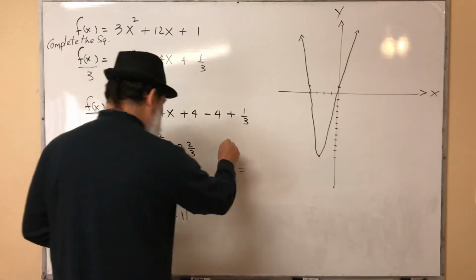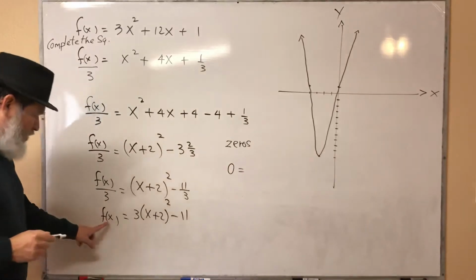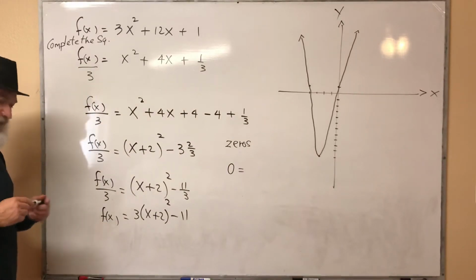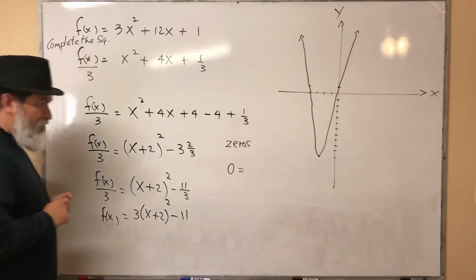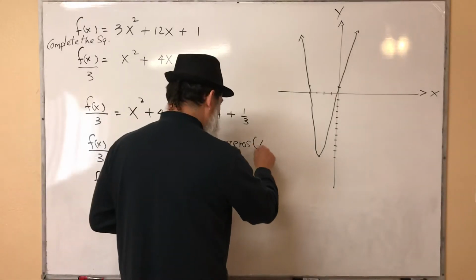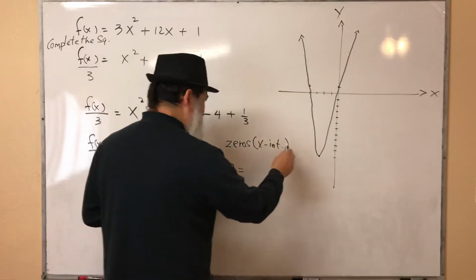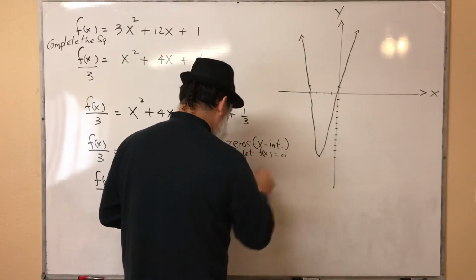For the zeros, okay? Set this equal to 0. Remember, to find the x-intercept, you let f of x be 0. That's basically what we're doing. These are the x-intercepts. That means let f of x equal 0.